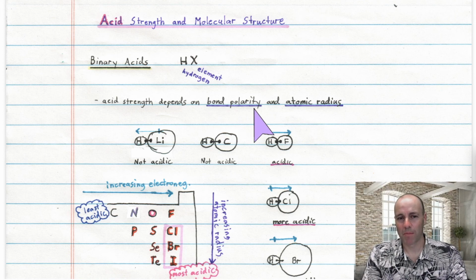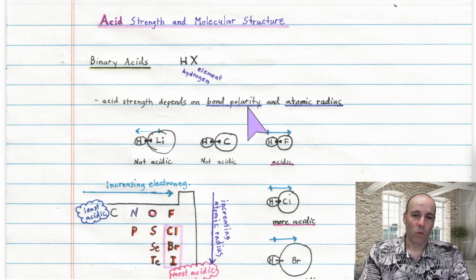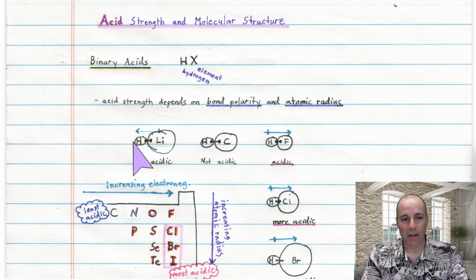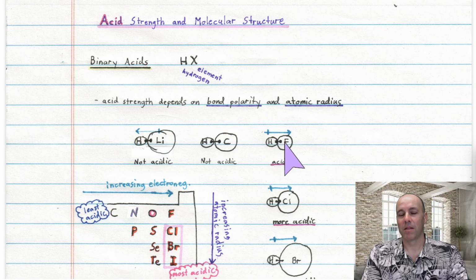Let's first discuss bond polarity. You remember polar bonds are when one of the atoms is more electronegative than the other one. So if you're thinking about bonds between hydrogen and other elements, the ones that are the most polar would be the most acidic.